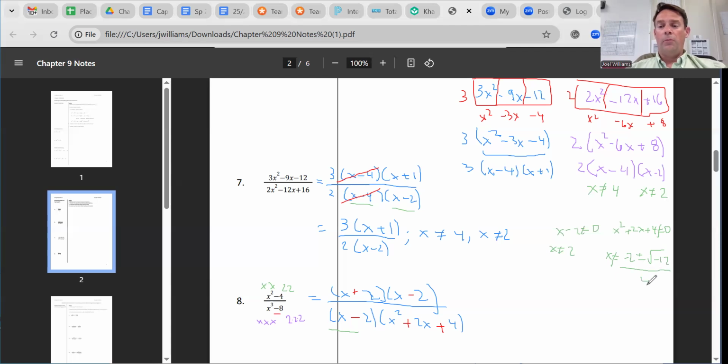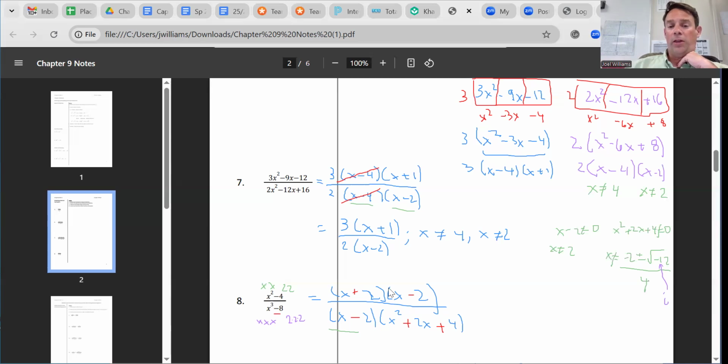Well, if you think back to integrated 2, whenever you have a negative underneath there, that means you're dealing with i. That's an imaginary number. So imaginaries, we don't graph those. Those aren't on the normal XY axis. So even though that is part of an excluded value, it's an imaginary excluded value. All we care about are real number excluded values. So we don't have to worry about that.